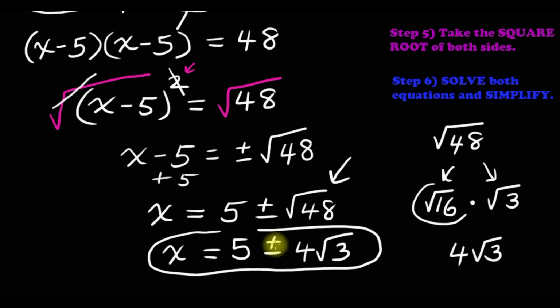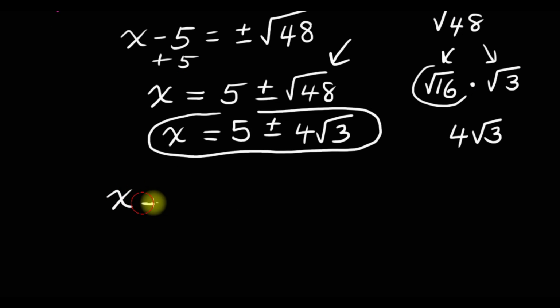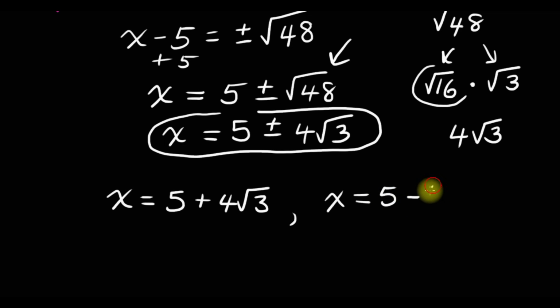As you can see, you can also split this up if you want to, because one of them is positive and the other one is negative 4 square root of 3. Whichever way is correct, but this is just a longer way of writing out your answers. And that's how you solve quadratic equations by completing the square.